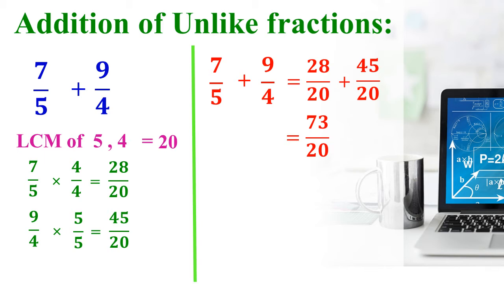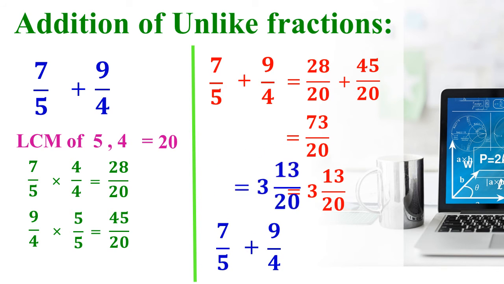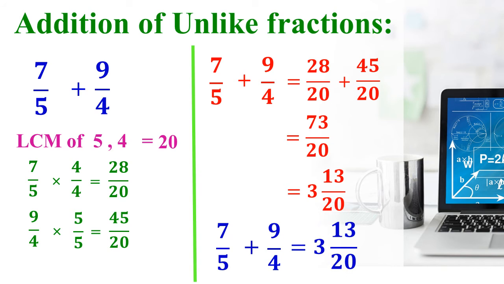Now reduce to the lowest term if it is possible. Here not possible, so convert to the mixed fraction. So the mixed fraction is 3 of 13 by 20. So the final answer is 7 by 5 plus 9 by 4 equal to 3 of 13 by 20.